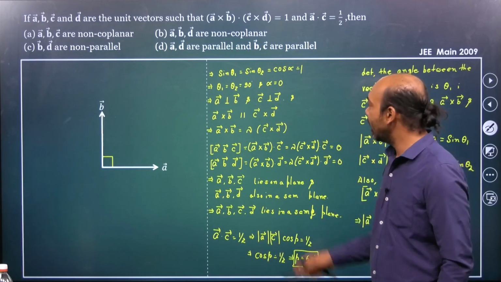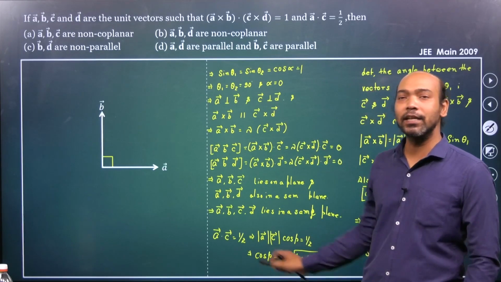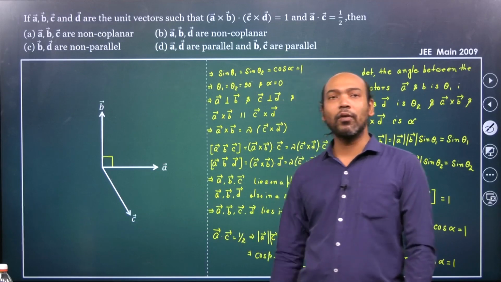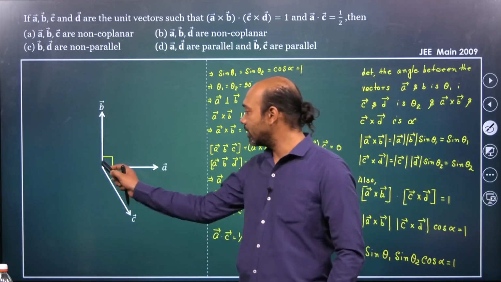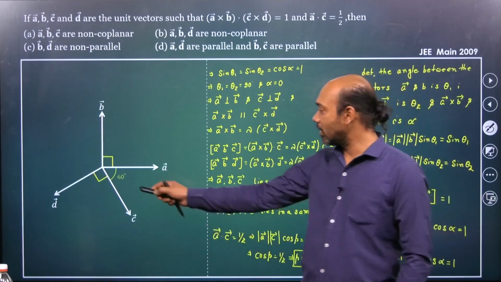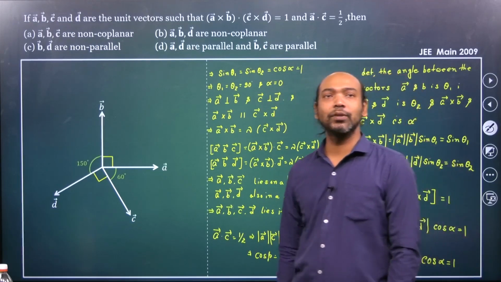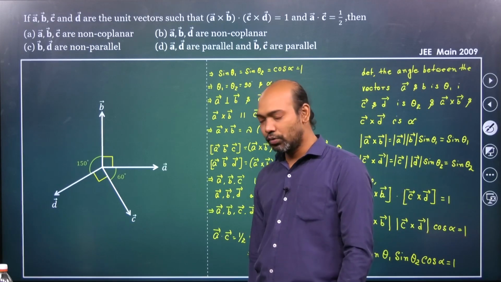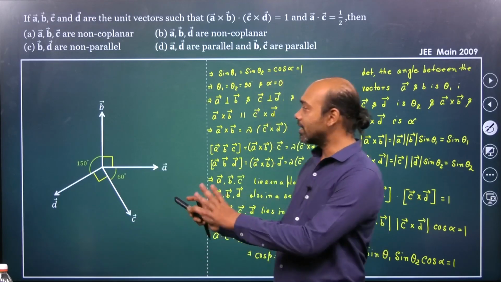Vector C makes an angle of 60 degrees with the vector A, so we draw C at 60 degrees. Also the vector D is perpendicular to C, so that's D. So we get this 90. Now we know that the angle around a point is 360 degrees, so the remaining angle will be 150 degrees. So this is the figure.